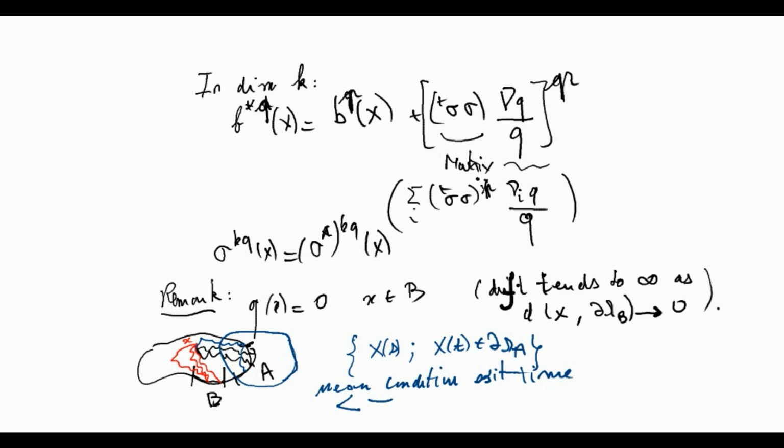Let's call it tau conditional. And so now let's write an equation for this conditional escape time.